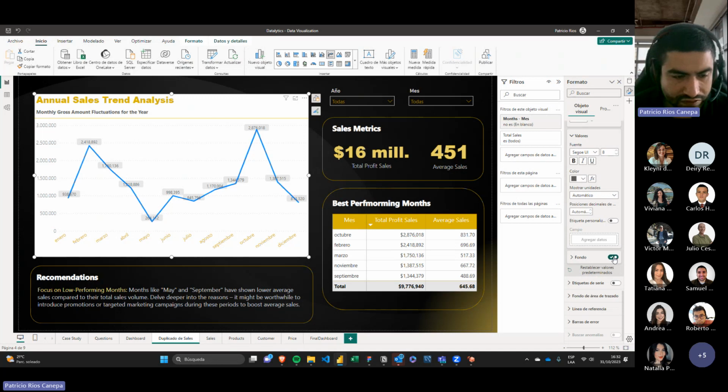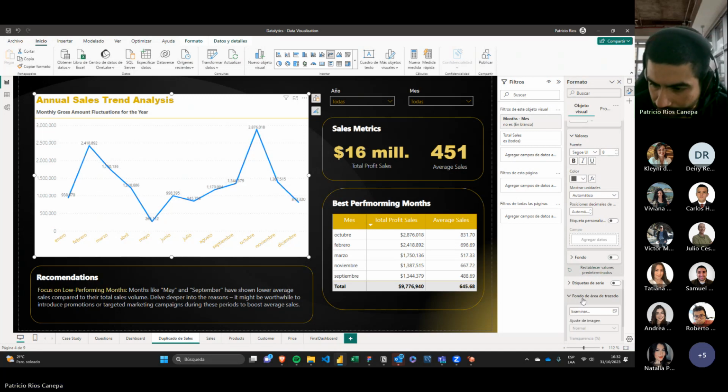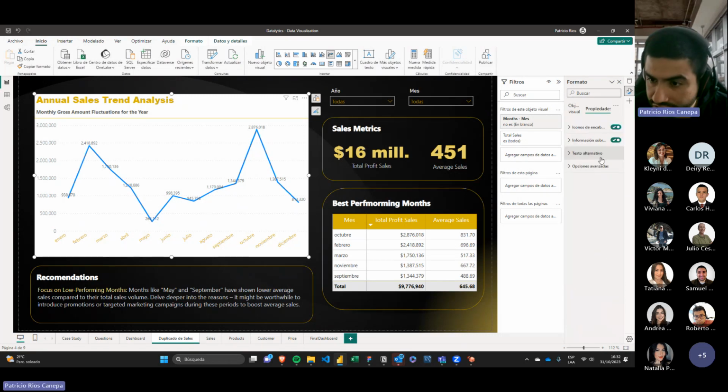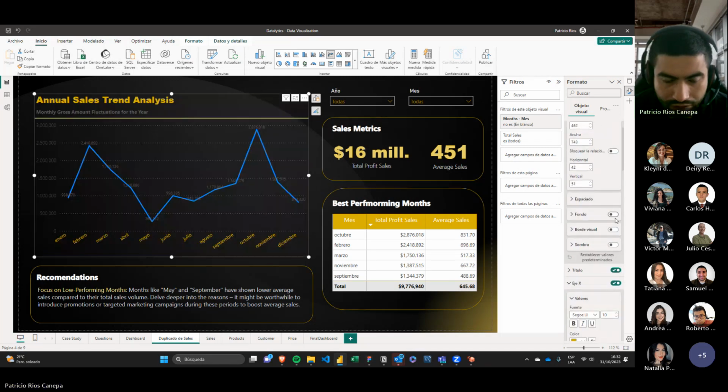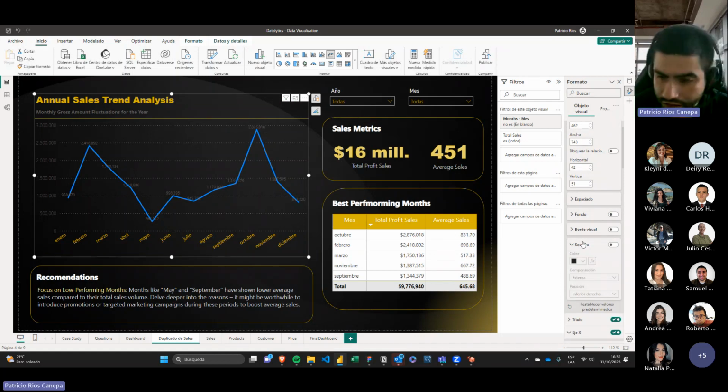If we want to have some sort of background, so we can highlight the amounts. And I'm trying to get away from the background. Let's just say, okay.